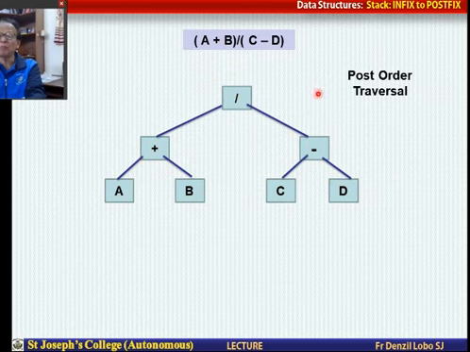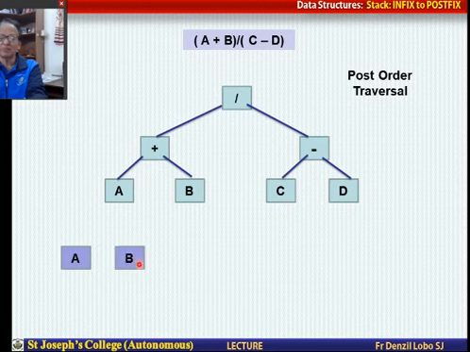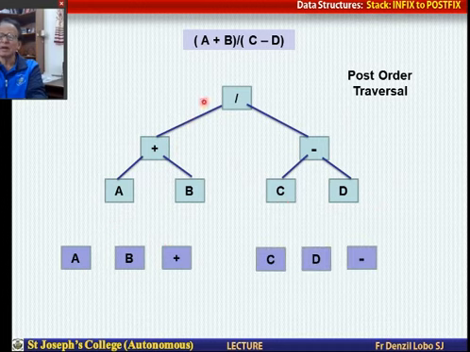Now I have to do the post order traversal of this tree. Post order means left, right, root. So left, then I come to B, then I come to the root. Then I have finished the left part of the tree. I come to the right part of the tree. Again, left, right, root. Then I come to the root.